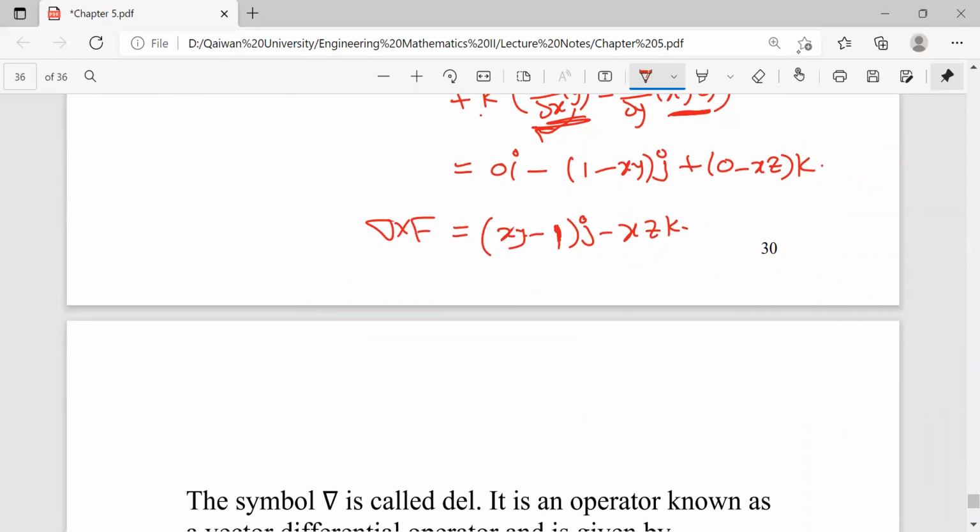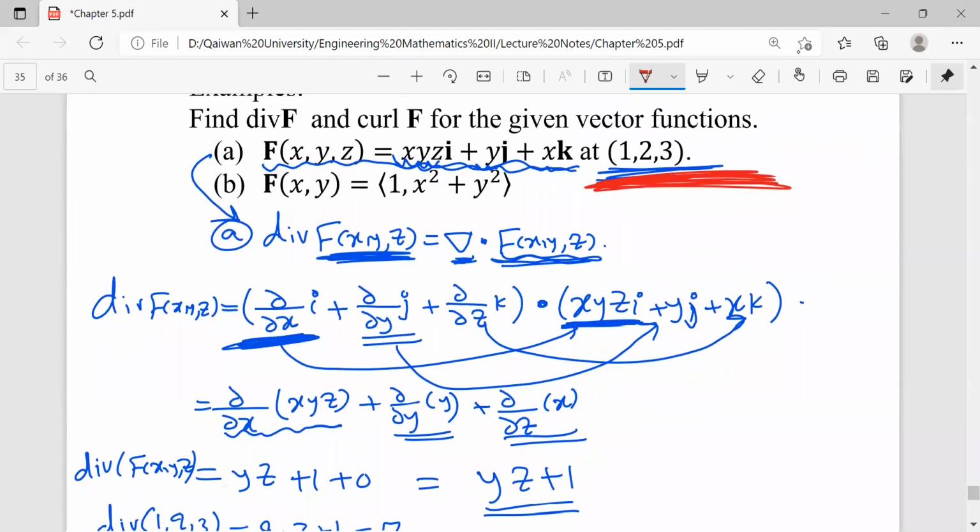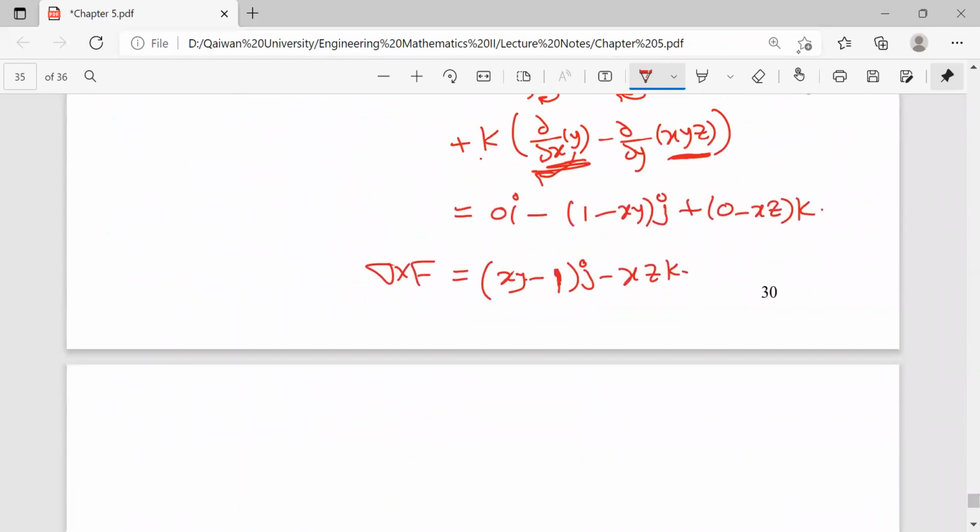This is at xyz. How about the curl at the given point 1, 2, and 3? We replace x by 1, y by 2, and z by 3. We say curl f at 1, 2, and 3 equals the del operator cross f at 1, 2, and 3.